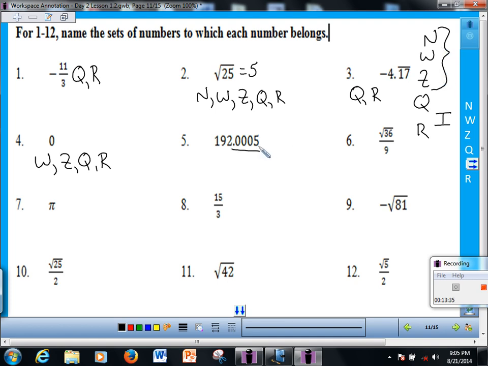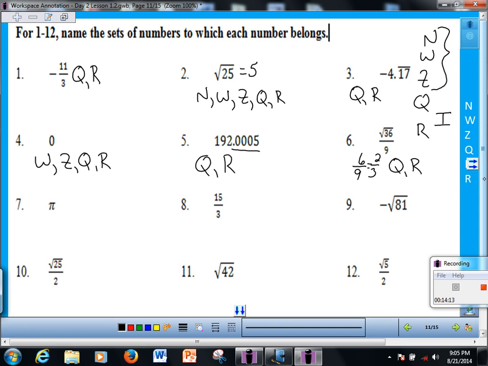This decimal stops, so it's automatically a rational number and a real number. Number 6, the square root of 36. Well, the square root of 36 is really 6. So I've really got 6 over 9, and that reduces to 2/3. Well, 2/3 is a fraction, so these three are out, N, W, Z, so that makes it a rational number and a real number.